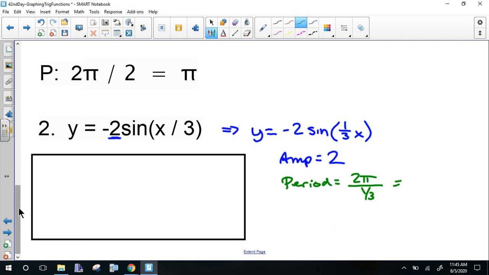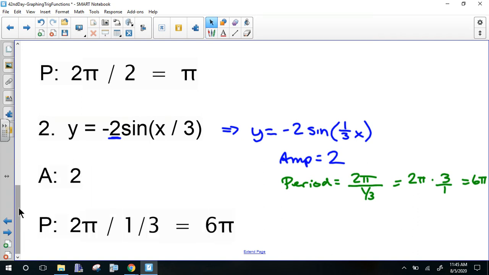So if I flip this fraction and I multiply, I'm going to get 6 pi. And when you're graphing these, the period is going to come in handy to tell you how to make your x-axis scale, and the amplitude is going to give you an idea on what you need to make your y-axis scale.